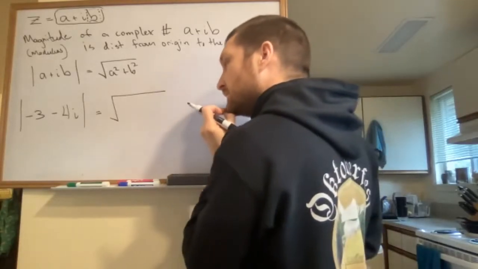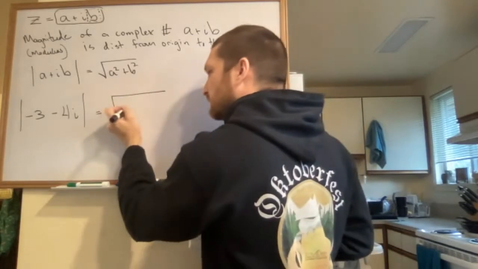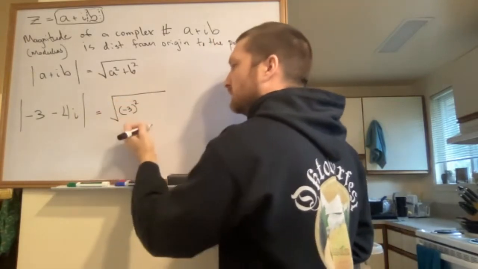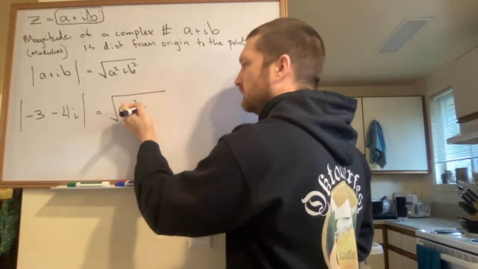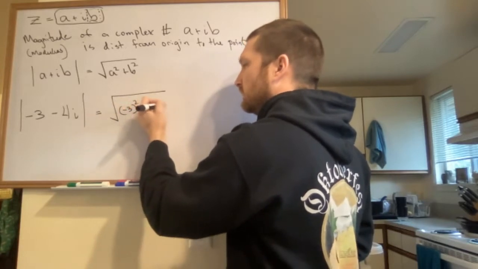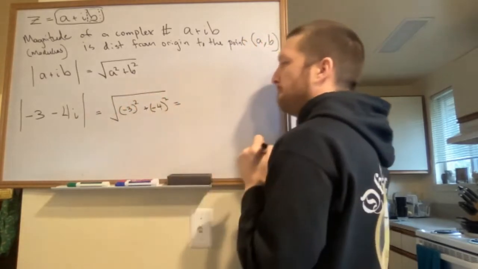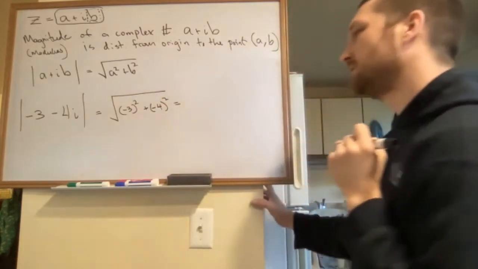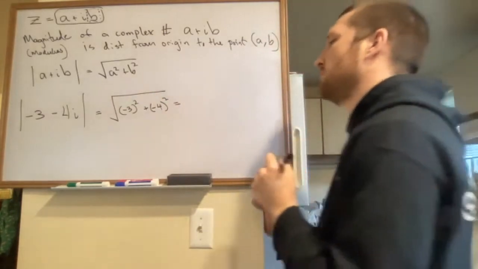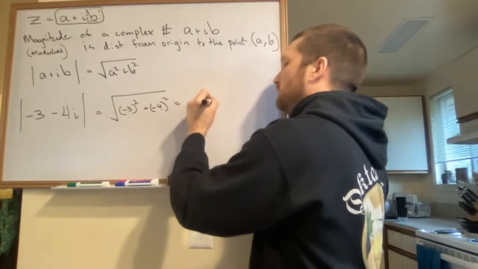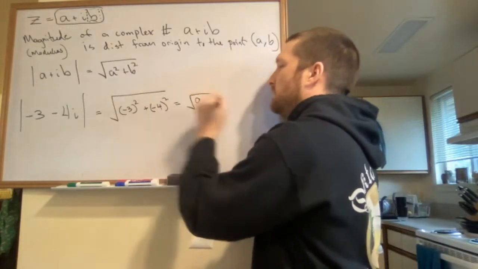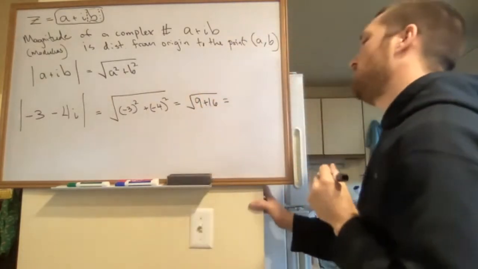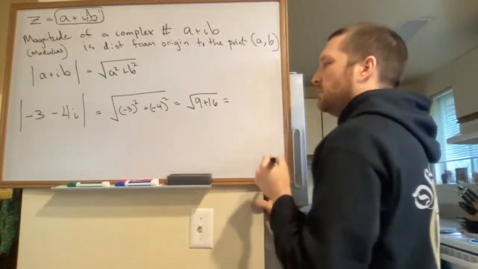That's going to be negative 3 squared plus negative 4 squared. 9 plus 16, the square root of that is 25, and the square root of that is 5.